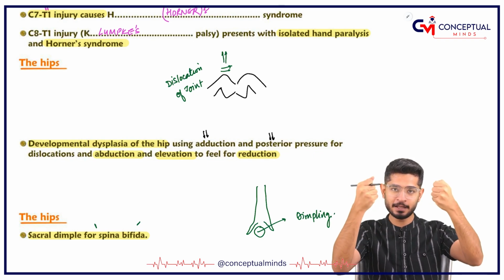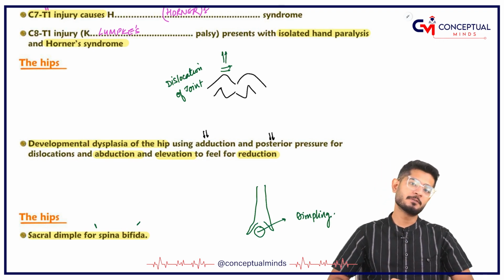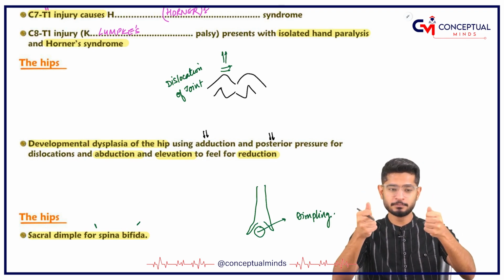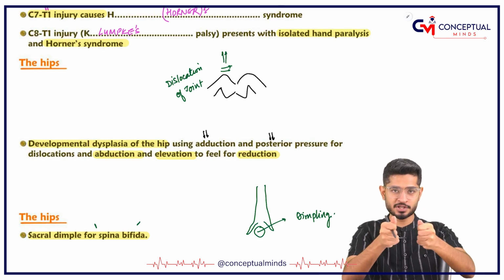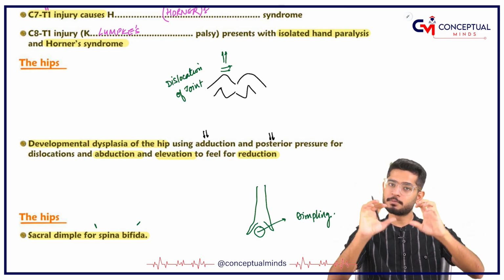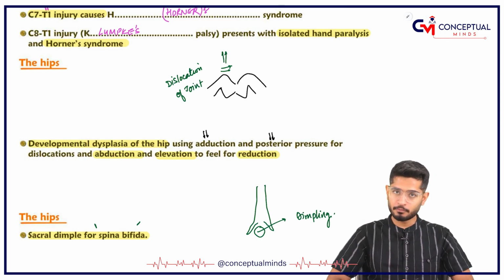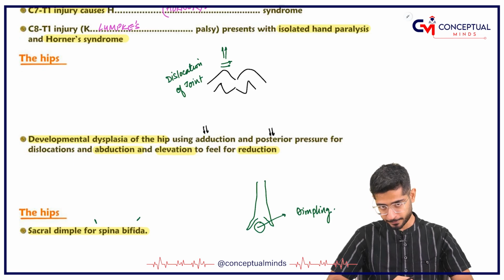Abduct, elevate, and then you will hear a click. That means it has been relocated now. So this is the way: hold, adduct, posterior pressure, out. Then hold, abduct, elevate. That means reinsert it. This is the way to assess developmental dysplasia of the hip.